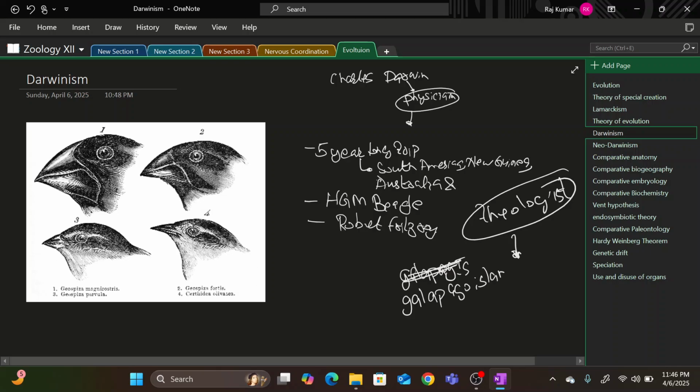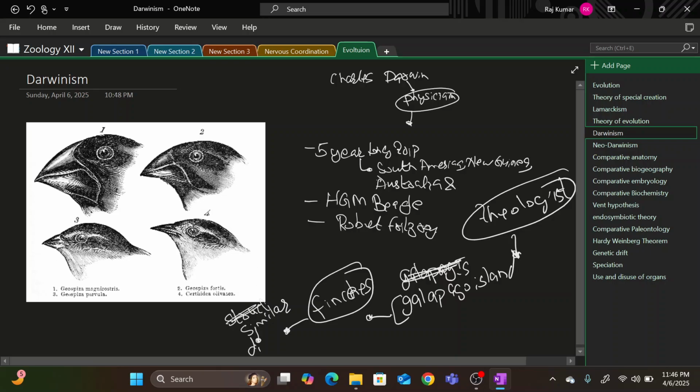When he went to the Galapagos Islands, he saw some finches. Finches are a common group of birds, and he saw finches which were structurally similar to each other, but were different species. He came to analyze these structures.